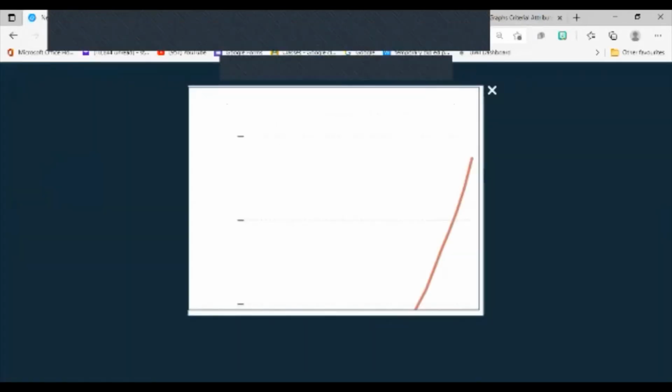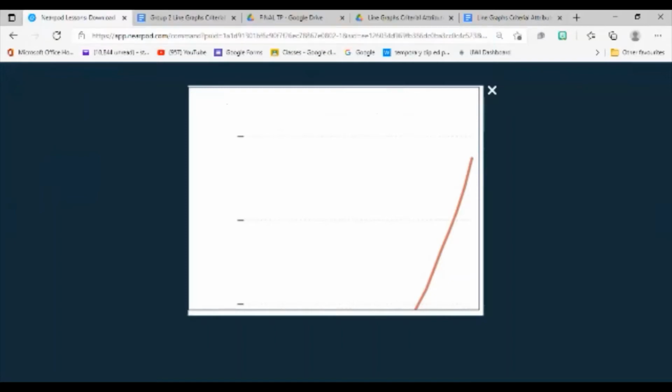Let's look at this one. Is this a good example? Go ahead and answer in the poll. All right, excellent. So 100% of you said that it's not a good example of a line graph. Can you tell me why? Somebody explain to me why. It's not labeled. What else is it missing?